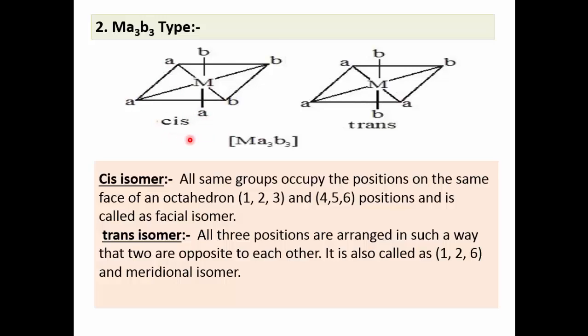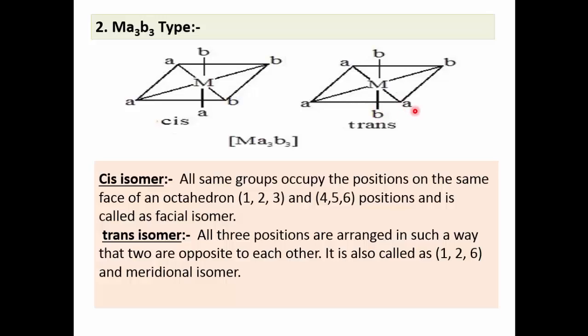Remember, the same ligand is present at position 1, 2 and 3, and from this it is observed that they are situated at the same face of an octahedron, and therefore this is also called a facial isomer. See, this is the first face and this is the another face of the octahedron, therefore it is called a facial isomer. While in case of the trans isomer what happened, the same ligand is present at 1, 2 and 6th position, and therefore it is called a trans isomer.